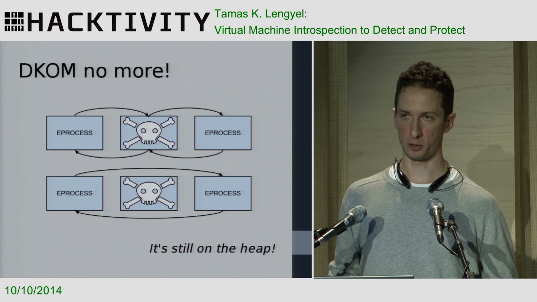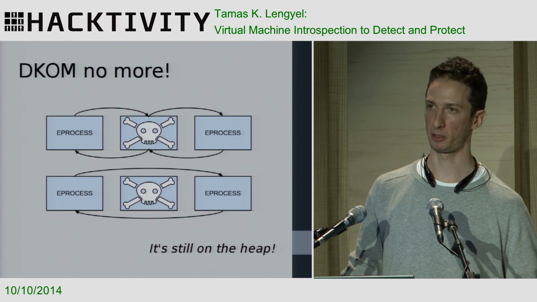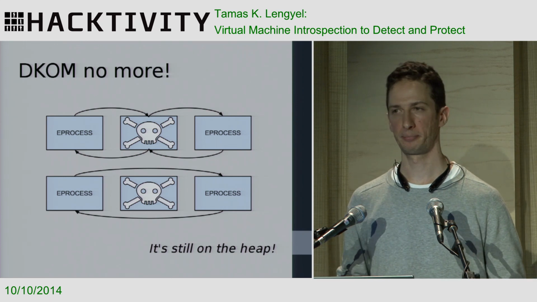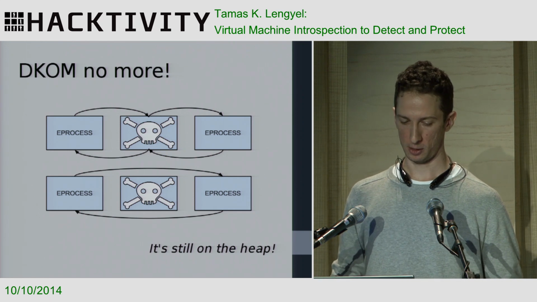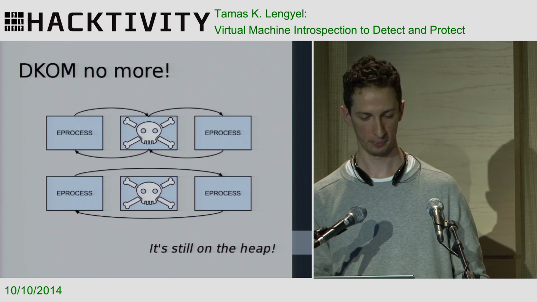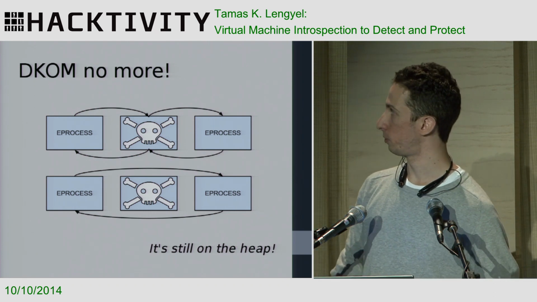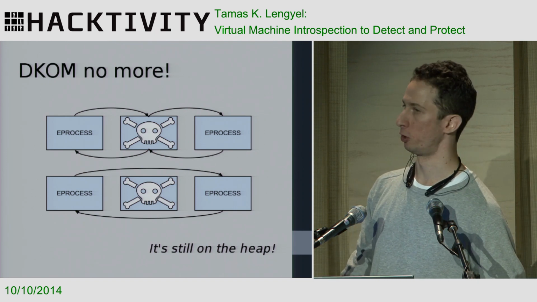Another important feature, if you track heap allocations, is if you think about DKOM attacks. DKOM is a very basic rootkit technology that has been around forever. It is the abbreviation for direct kernel object manipulation. The basic idea is that you have a linked list, for example, that holds all of your processes.